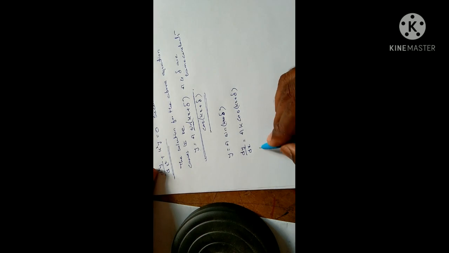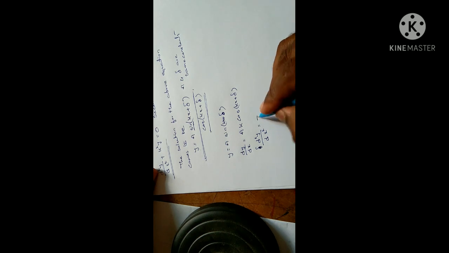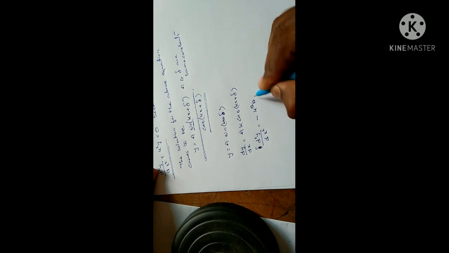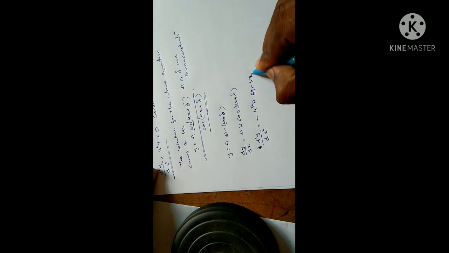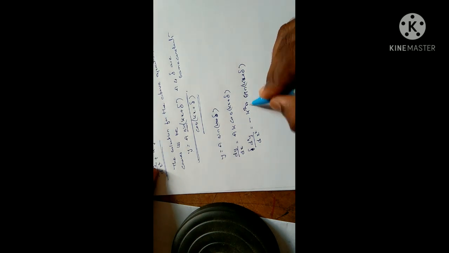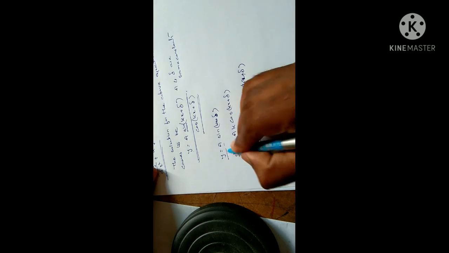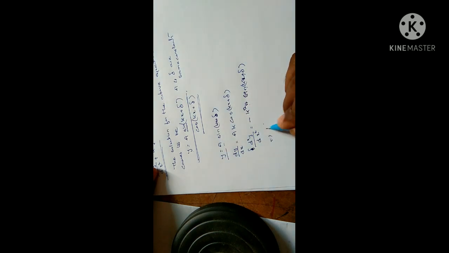And if I differentiate it again, I will get d square y by dx square is equal to minus k square a sine (kx plus delta). Here a sine (kx plus delta) is nothing but y. So I can write d square y by dx square is equal to minus k square y.